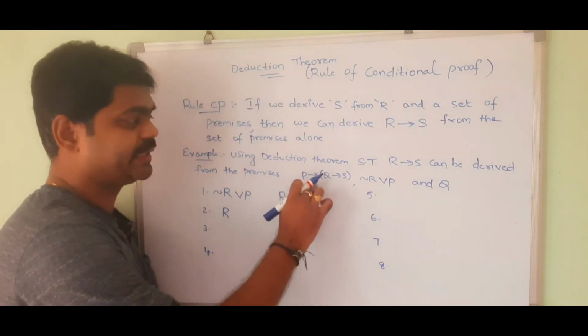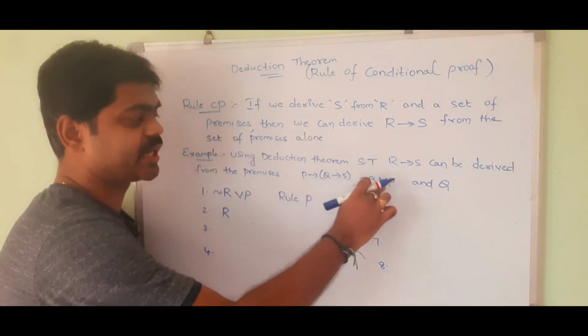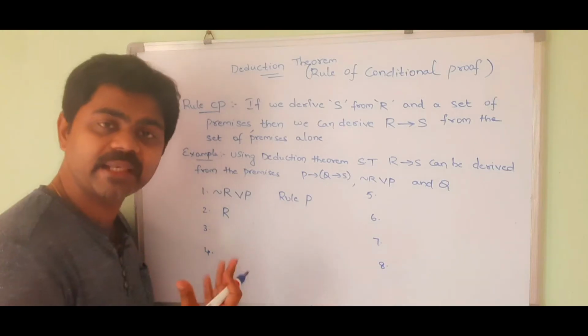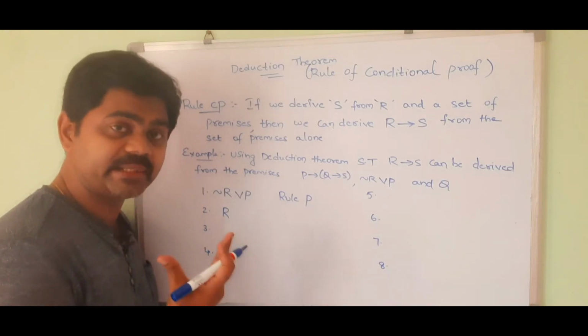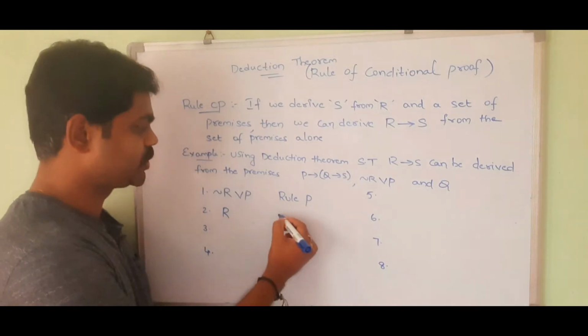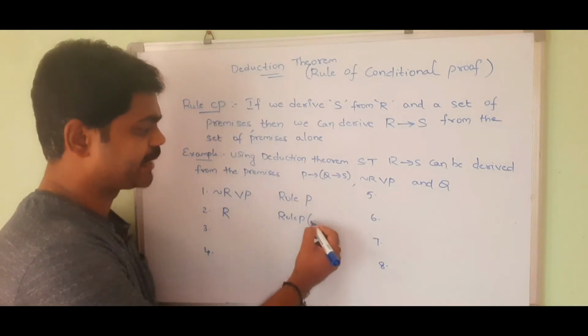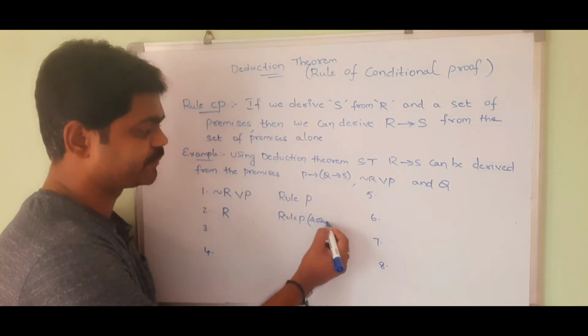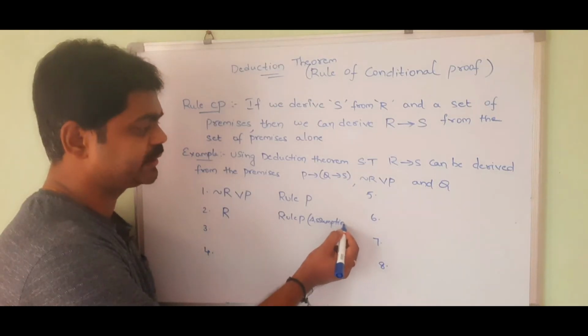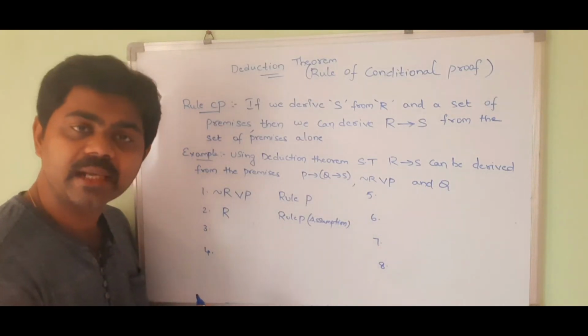We have P → (Q → S) and ¬R ∨ P, and Q. We don't have capital R, so that's what we can take as an assumption. Again rule P, and in brackets you should write assumption. That means we are assuming capital R.